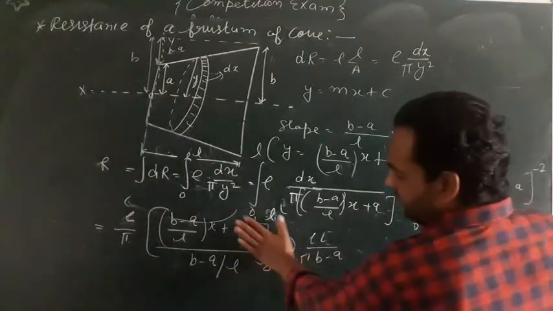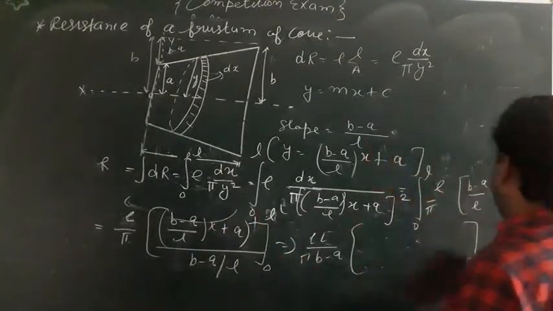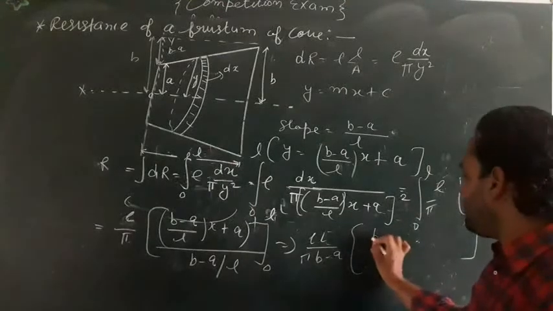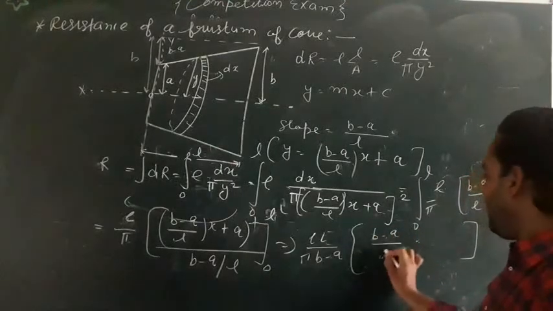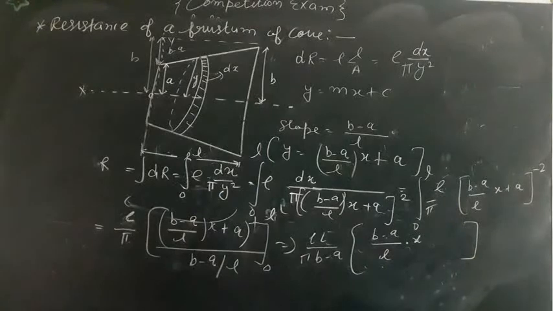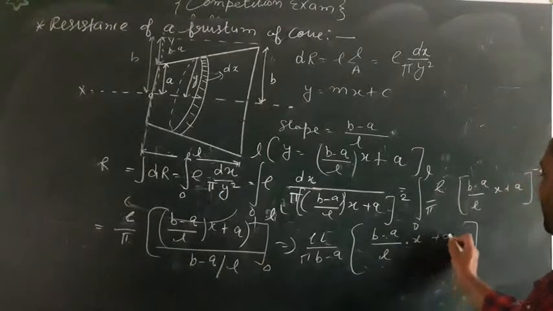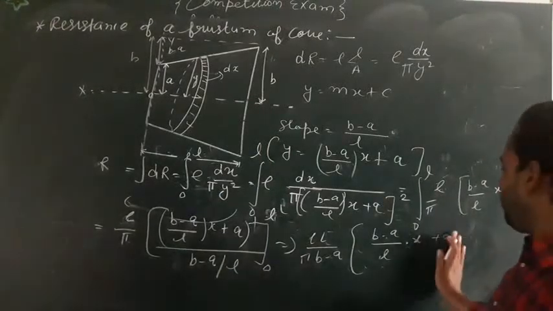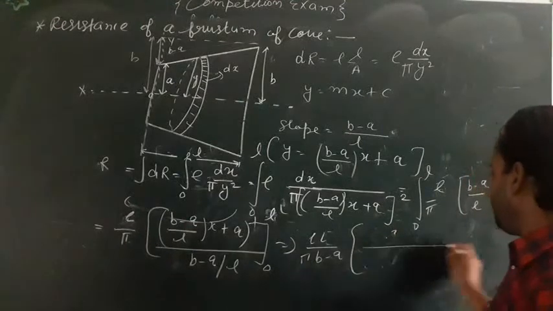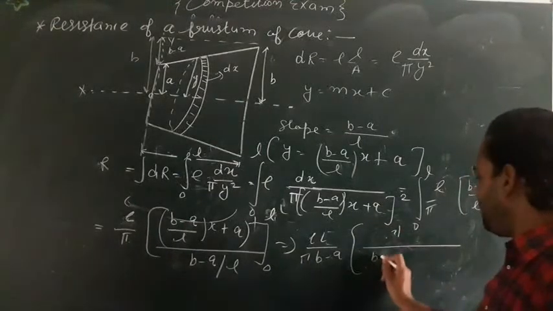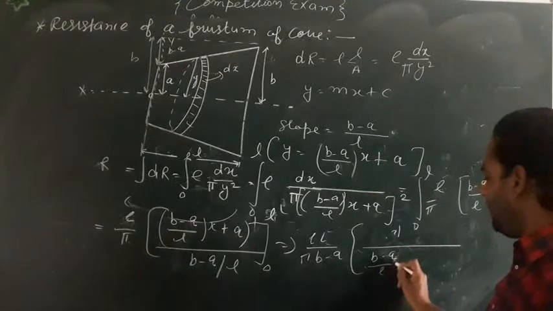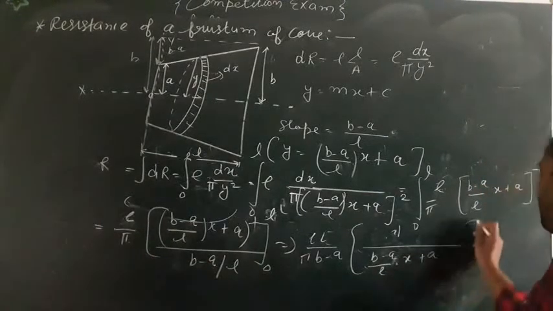Clear? And we will take this term downside, so when this term came downside, its value comes out to be b minus a divided by L into x plus a. This whole term is in 1 upon form: 1 upon b minus a divided by L into x plus a in limit 0 to L.